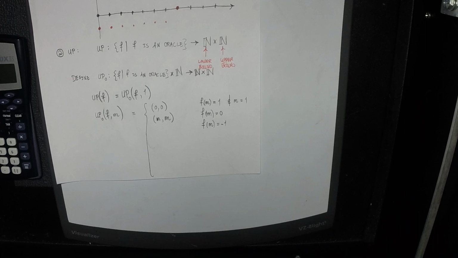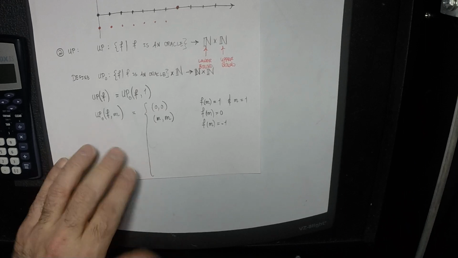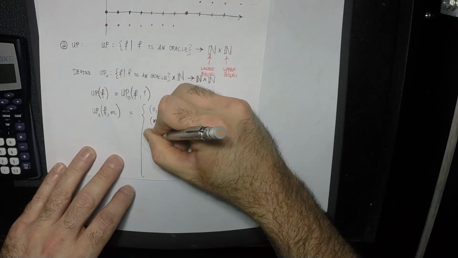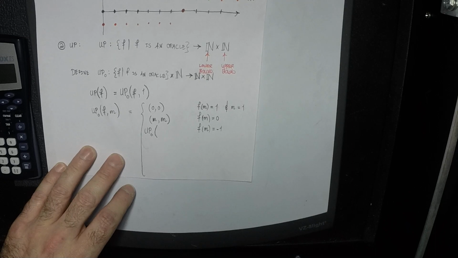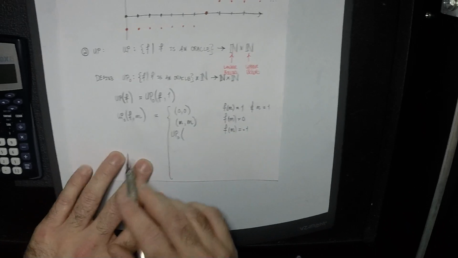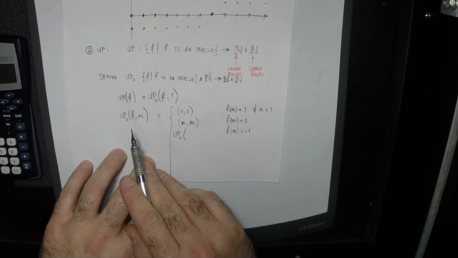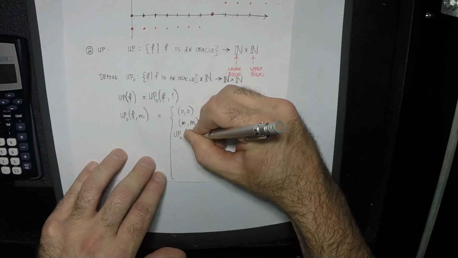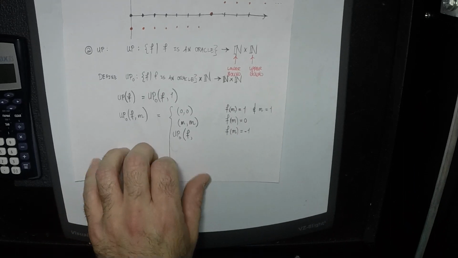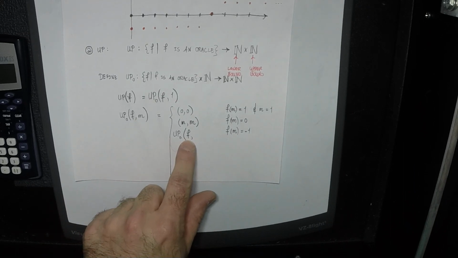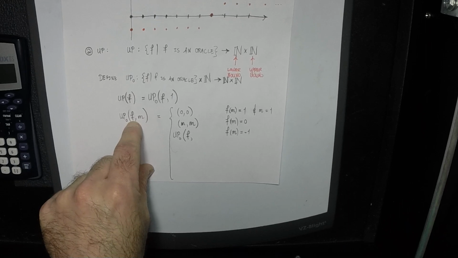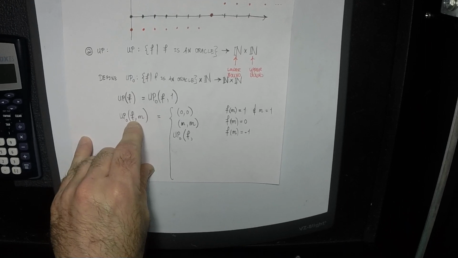Recurse to what? Up 0, right? So up 0. What should be the first argument? F, right? Why F? Because the lower bound is fine. What kind of thing is F? It's the oracle.